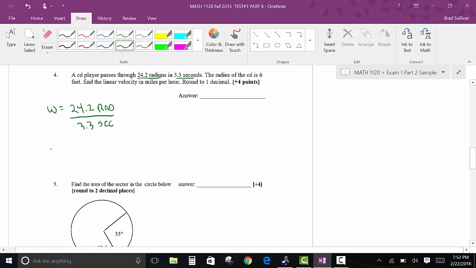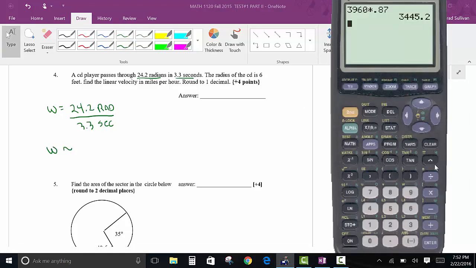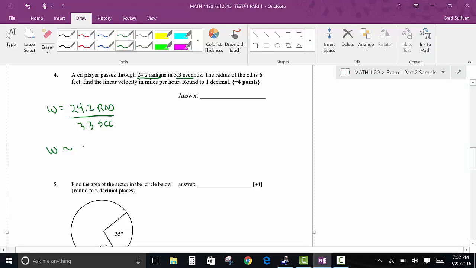Now let's take our calculator and crunch that out. If I take 24.2 divided by 3.3, it's going to give 7.33. So let's round that off to 7.33 radians per second. So that's a piece of information that we have now, as we have omega.